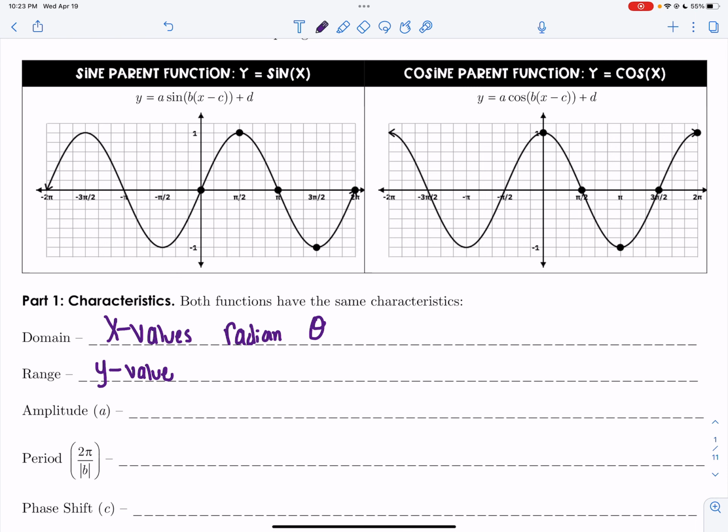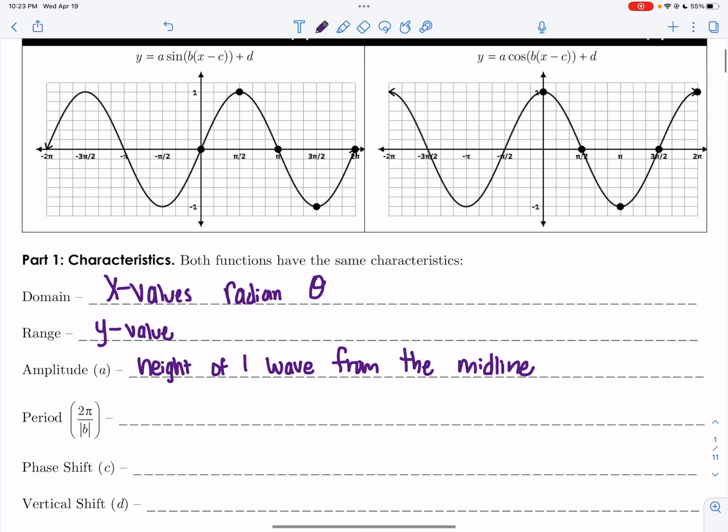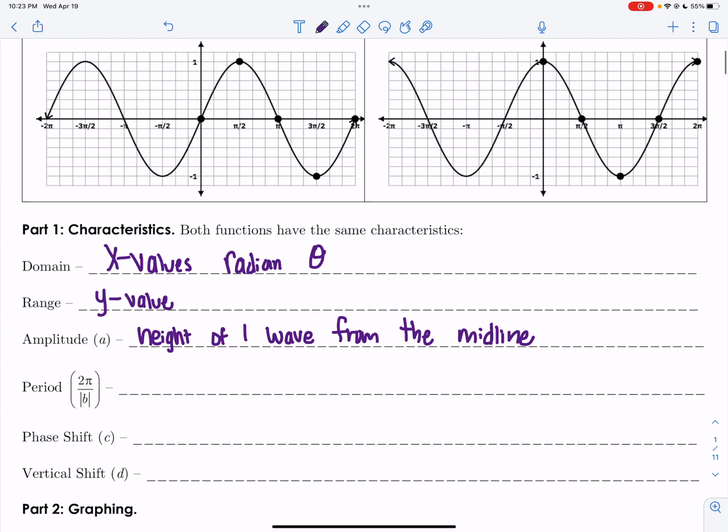The amplitude is the height of one wave from the midline. Now, the midline is also called the vertical shift, where you're going up and down.